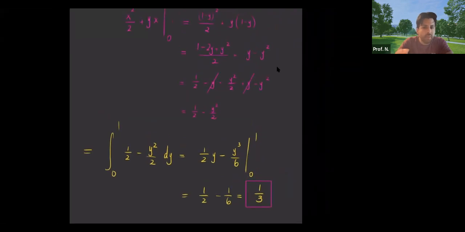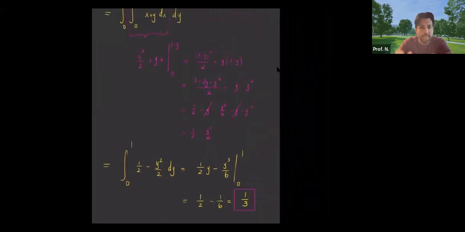So essentially, what did we figure out? We figured out that the probability that x plus y is less than 1 is 1/3. That's one way to interpret what we just found. Another way to interpret it is that the volume underneath that sheet or that plane within that triangular region is 1/3.